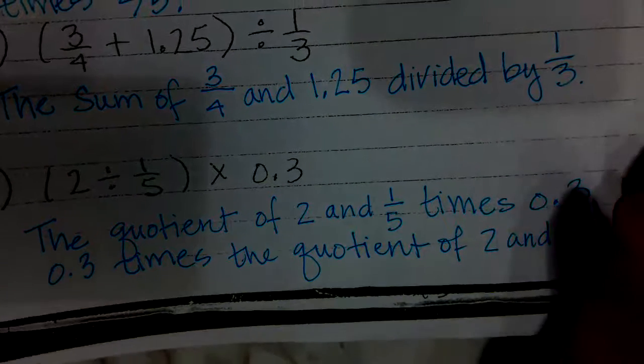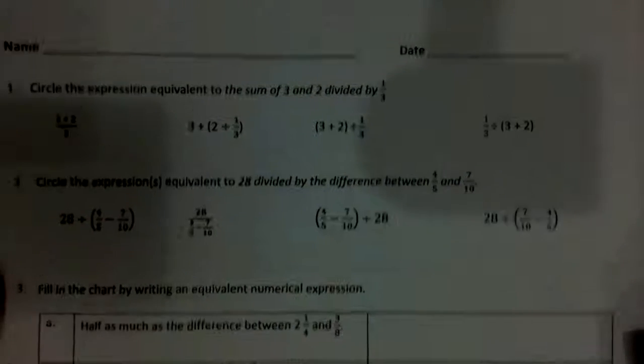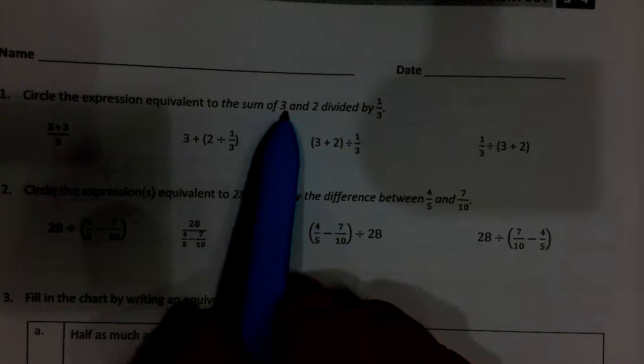All right, that's going to do it for concept development. So now you're ready for the problem set. So let's just take a look at the problem set together before you get started. Circle the expression equivalent to the sum of 3 and 2 divided by 1/3.